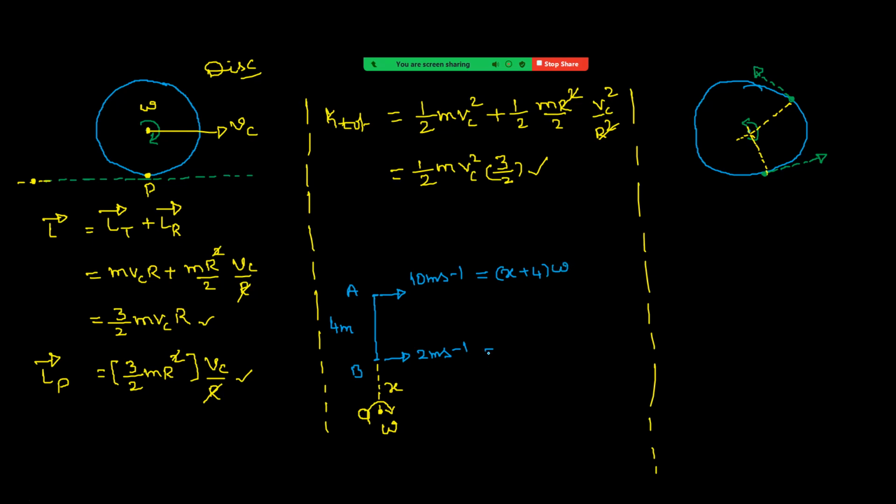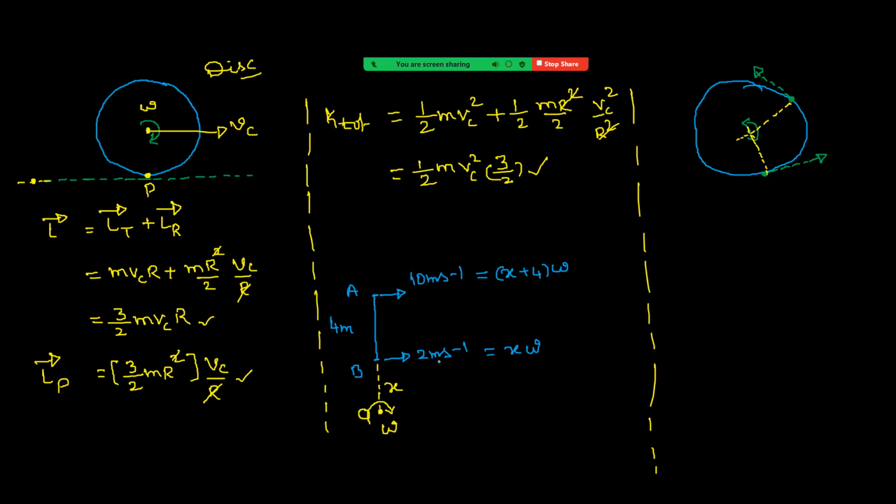Now for B, speed is again r omega. Here r equals x, right? So point B is following a circular path of radius x, and point A is following a circular path of radius x plus 4. This is equal to x omega. Now see what we can do here.